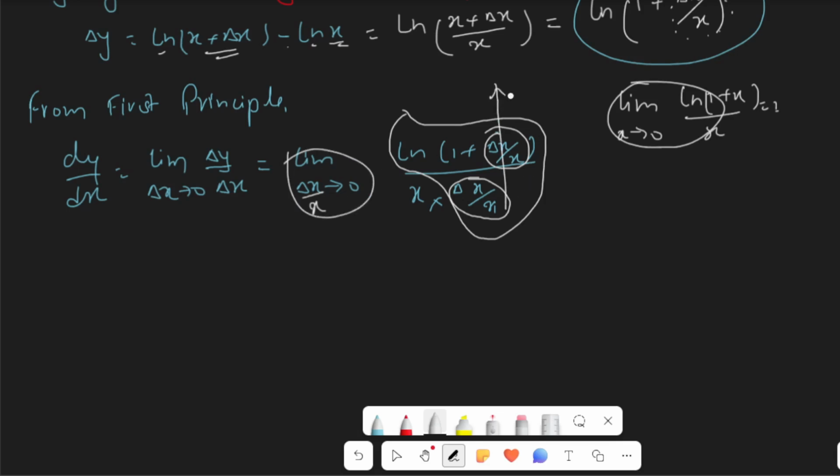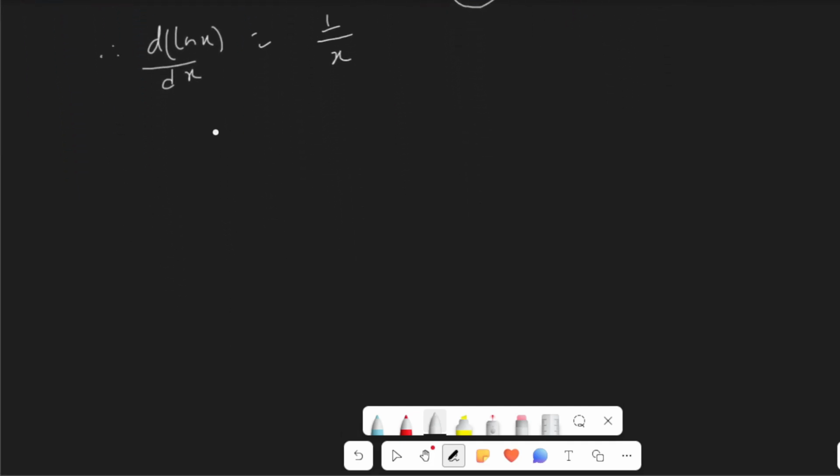So this limit will go to 1. And we are left with 1 divided by x. The derivative of log function is 1 by x. So we have calculated derivative for e to the power x. It turned out to be e to the power x. For ln x, it turned out to be 1 divided by x.